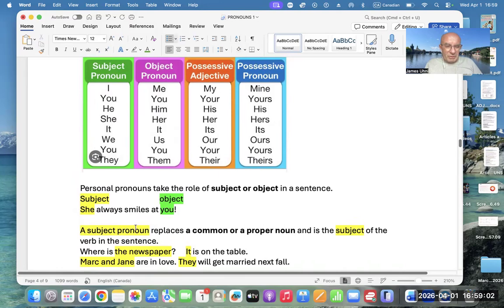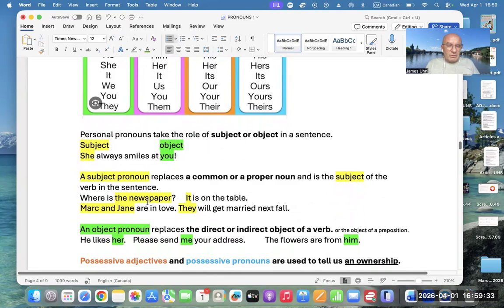A subject pronoun replaces a common or proper noun. Do you remember what's the difference between common and proper noun? And it is the subject of the verb in the sentence. Wow, that's complicated, isn't it? Once again, a subject pronoun is the subject of the verb in the sentence.